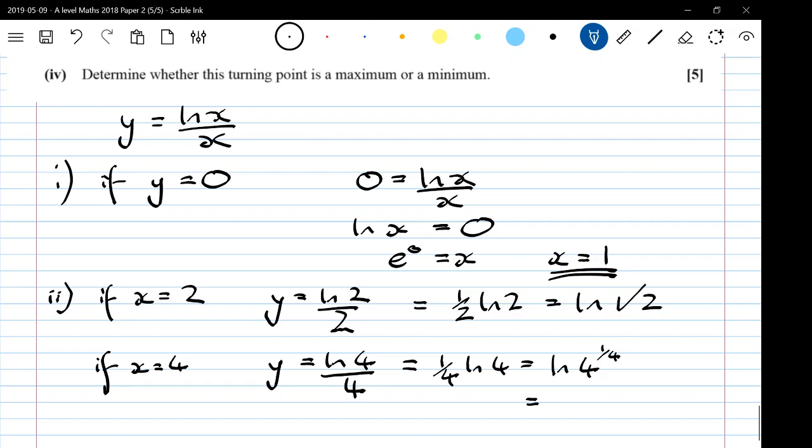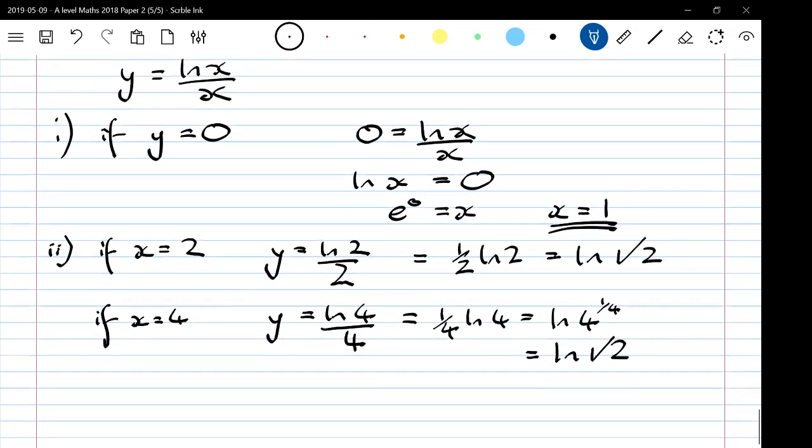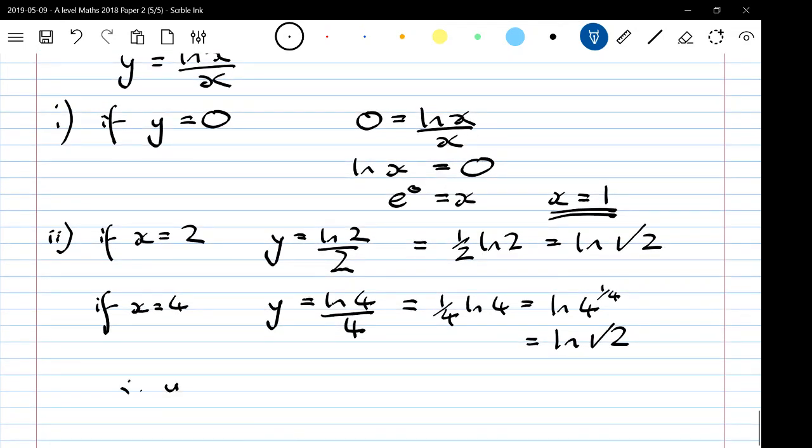And 4 to the power of a quarter is root 2, so that is ln root 2 as well. So they are the same y value, and AB is parallel to the x-axis.